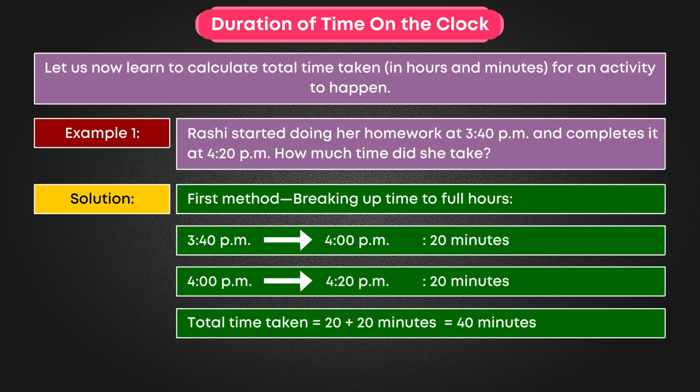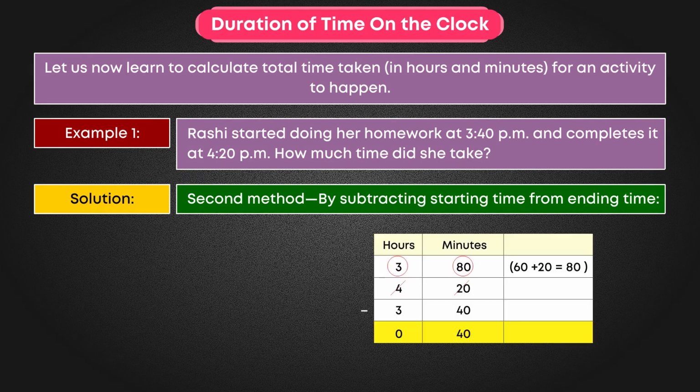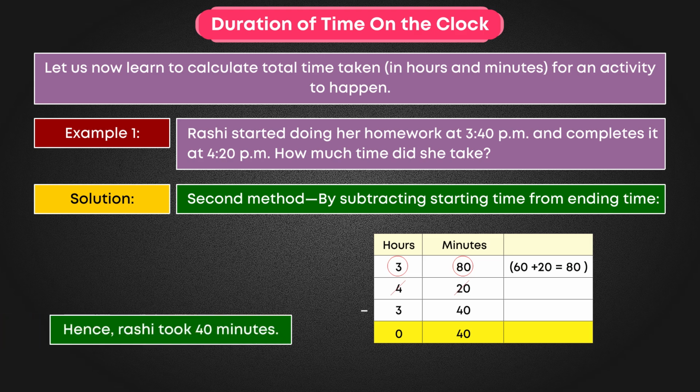Total time taken is equal to 20 plus 20 minutes is equal to 40 minutes. Second method. By subtracting starting time from ending time. Here is the sum. Hence, Rashi took 40 minutes.